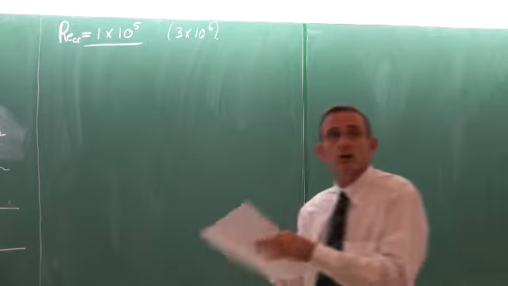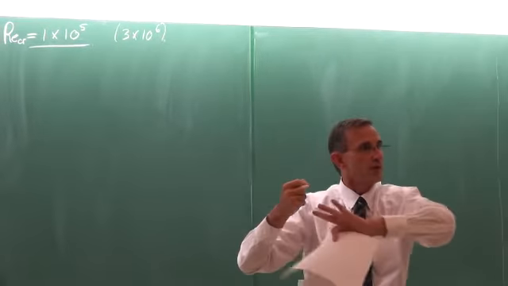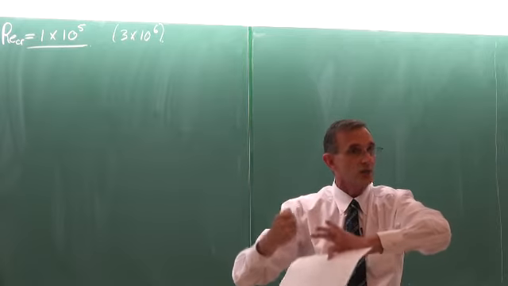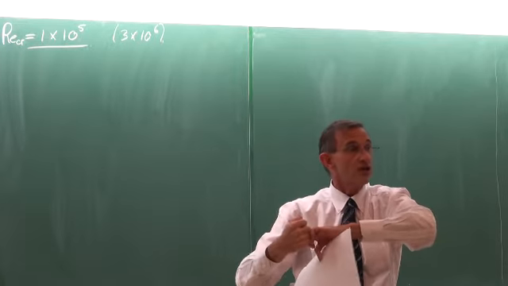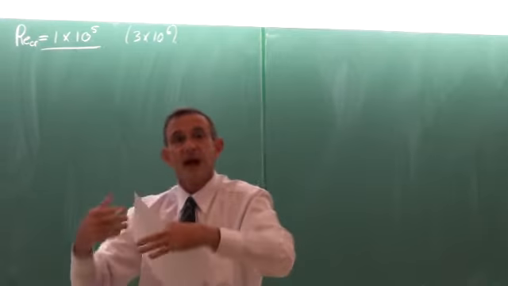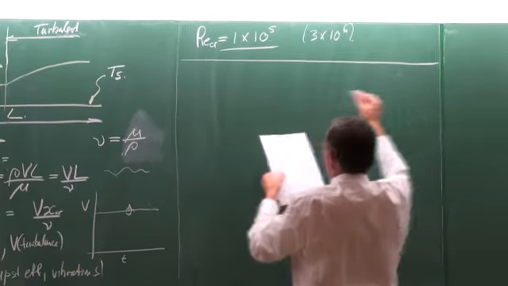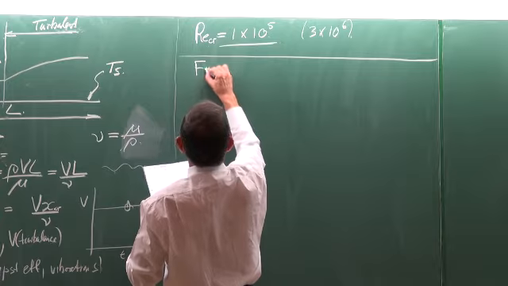Now, let's go back to our previous chapter and take out some of the most important results that we're going to use, together with the results for turbulent flow, and then look at the average values. So, if we now look at friction coefficients.